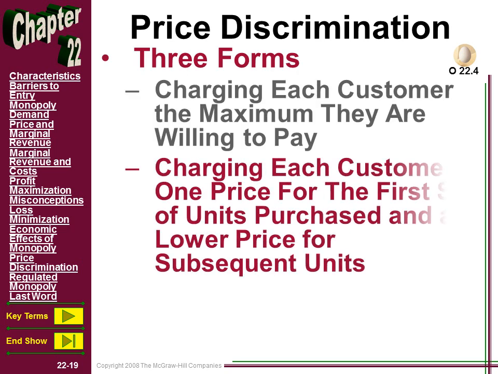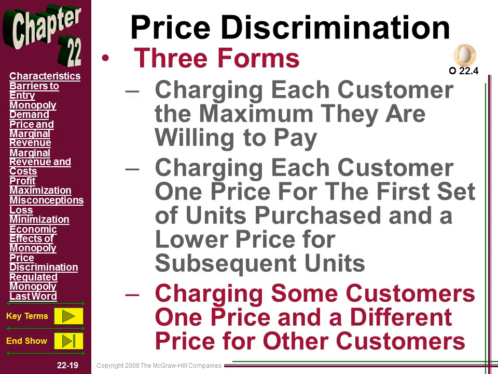Up to this point, we assumed that the monopolist was charging the same price for every level of output it produced. However, what if the monopolist could discriminate, right? So there's 3 forms of price discrimination. The monopolist could charge each customer the maximum they are willing to pay.